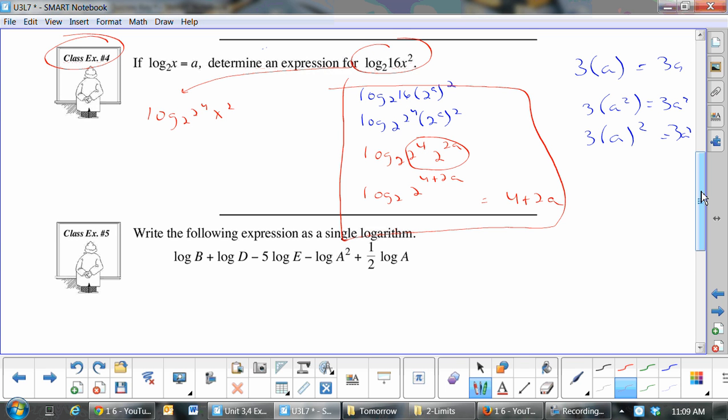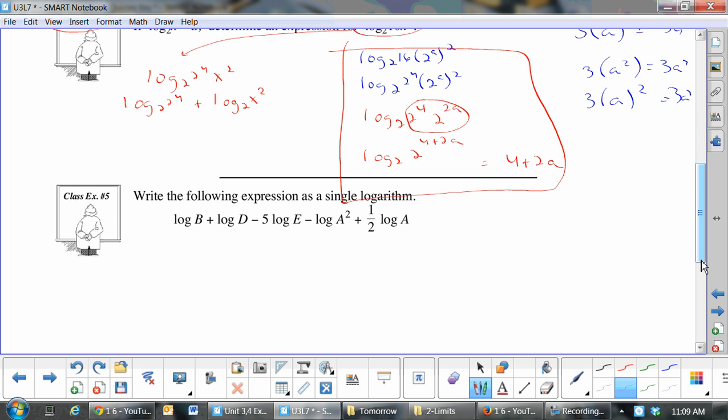Okay, now after I do that, I could make this log 2 to the 4 plus log 2 of x squared. Does everyone get that step? Those two are multiplying, so I can split them up into 2 logs.